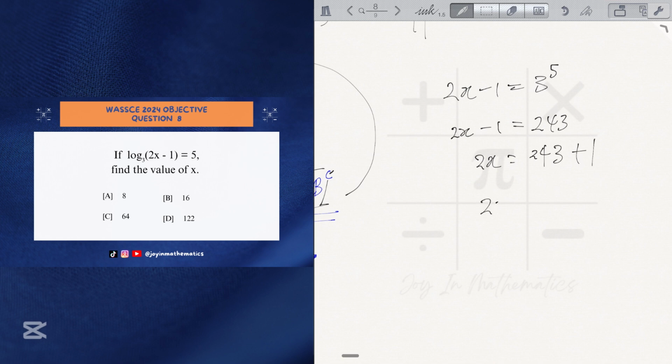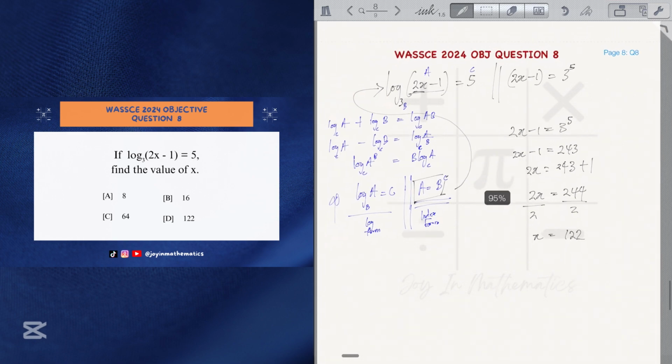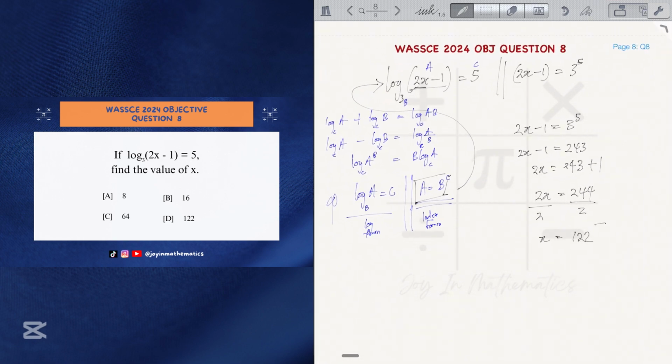We have 2x equal to 244. If we divide both sides by 2, we have that x is equal to 122, and this is equivalent to option D. So all we did was convert from logarithm form to index form, and from index form we found the value of x to be 122.